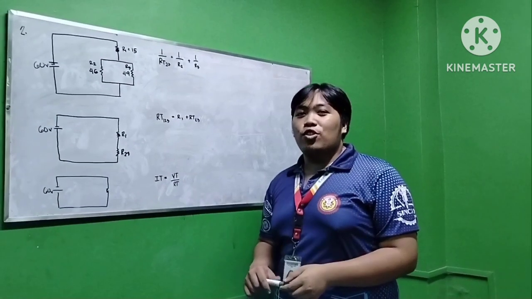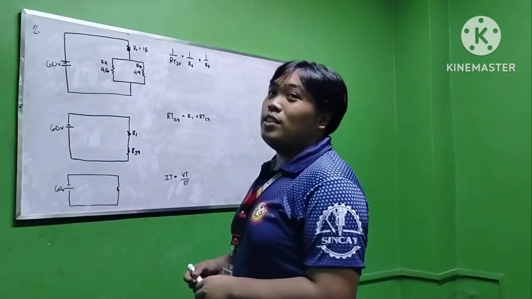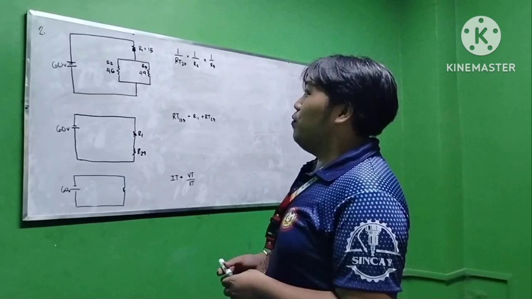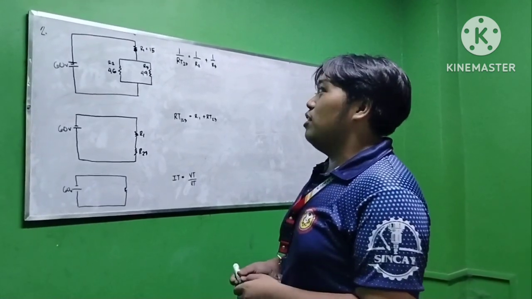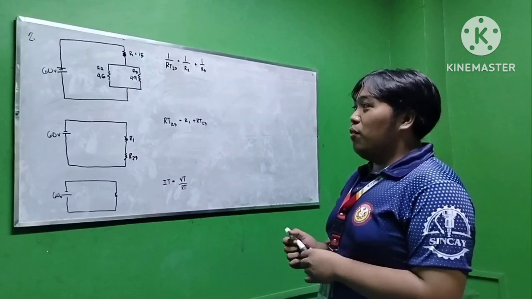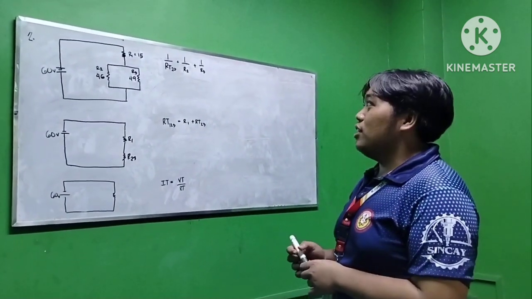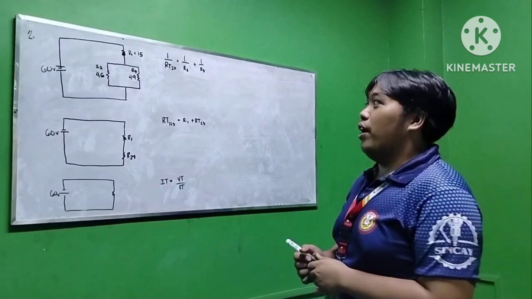So now let's proceed to problem number 2. Here we have the given of 60 volts. R1 is 15 ohms, R2 is 46 ohms, and R3 is 49 ohms. First we have to solve the parallel circuit. The formula is R total of 2 and 3 equals 1 over R2 plus 1 over R3.